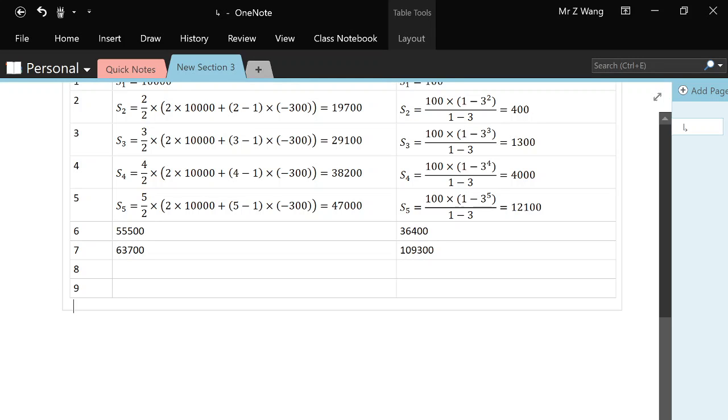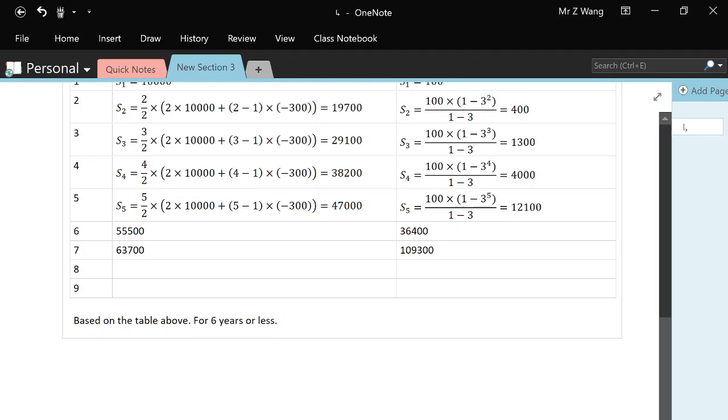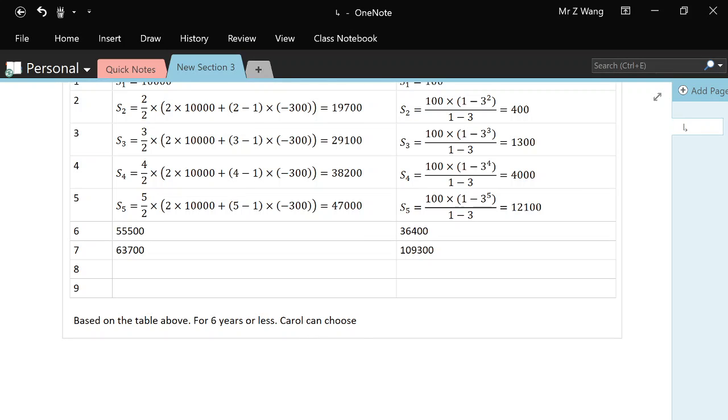So then you can make a recommendation. Based on the table above, for 6 years or less, Carol can choose option 1, right?